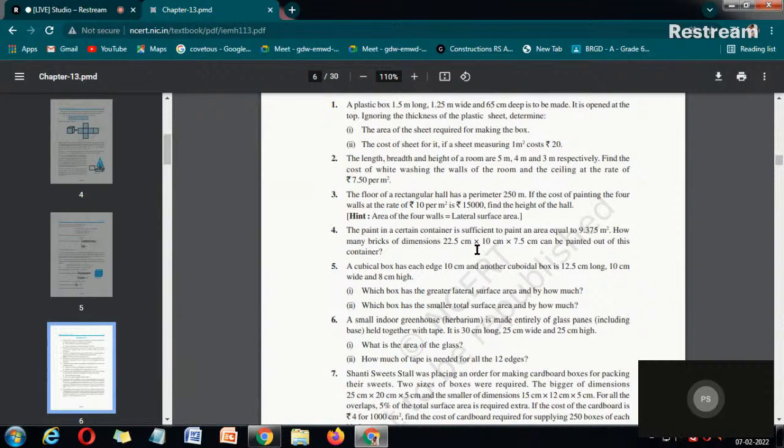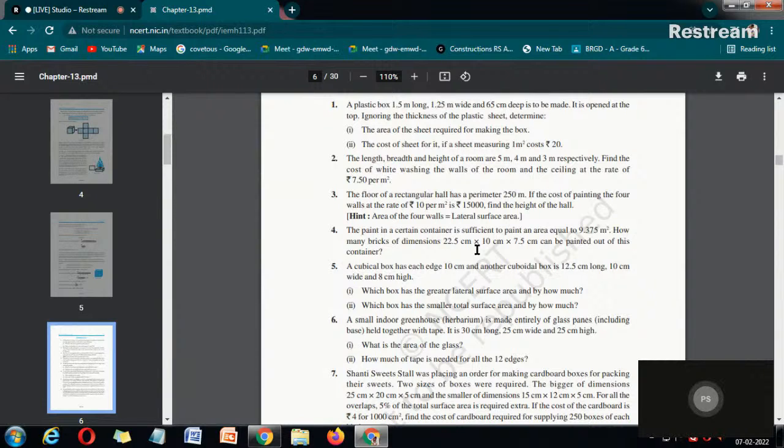So the total surface area of a cuboid is 2 into LB plus BH plus HL, right? This means 2LB plus 2BH plus 2HL. Now, the top is a rectangle, so that is L into B, the first one. So the formula is LB plus 2BH plus 2HL. Clear? Now let's go on.